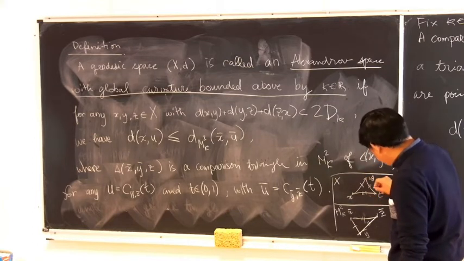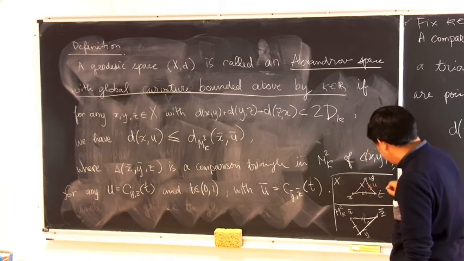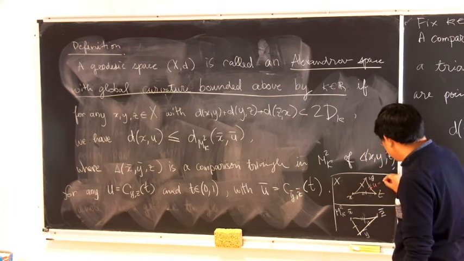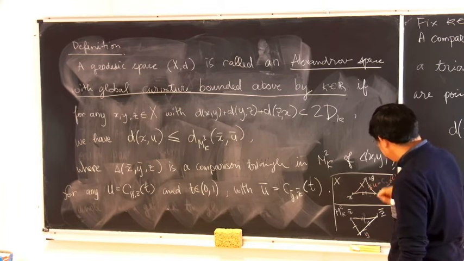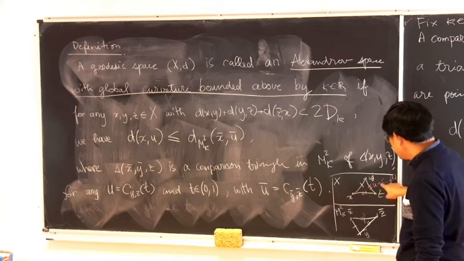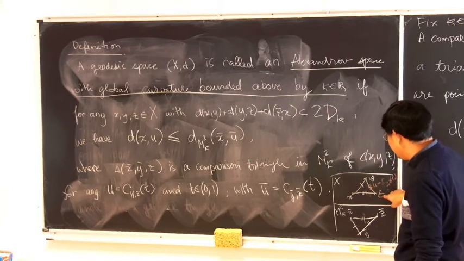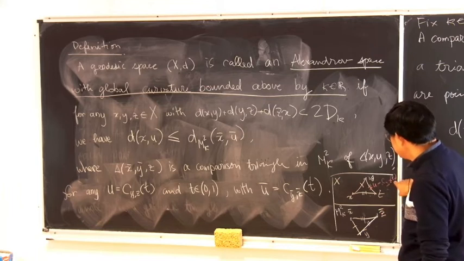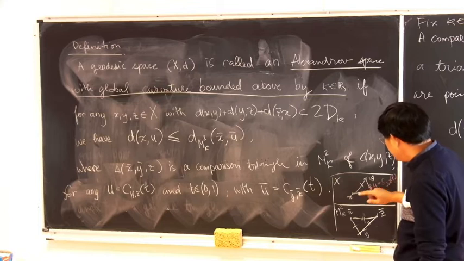Okay, so you take one point u, and suppose this u is constructed by c_yz at t. So c_yz here is assumed to be the normalized geodesic connecting y to z, and we take t between 0 and 1, any one of them, and u is here.